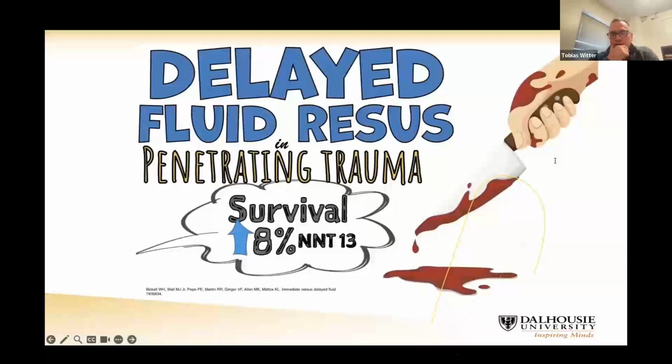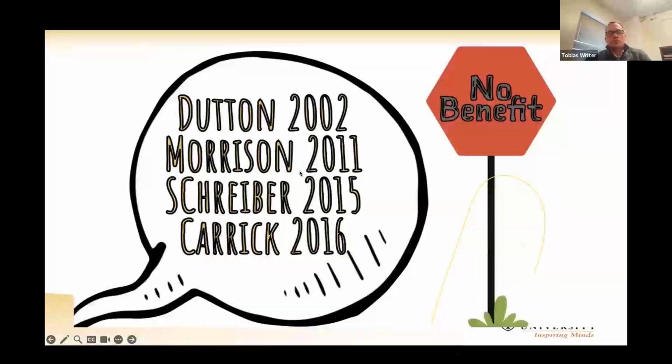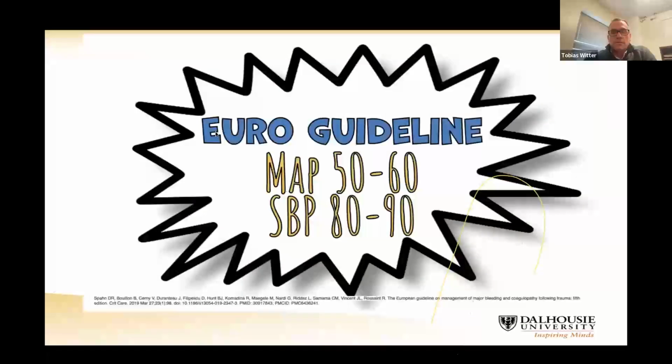So you can argue that's a great paper, and you should base decisions on that paper, particularly since follow-up trials over the next 20 years pretty much showed no benefit of that concept of permissive hypotension. That's part of the evidence. The European guidelines for trauma resuscitation say we should target a MAP of 50 to 60.